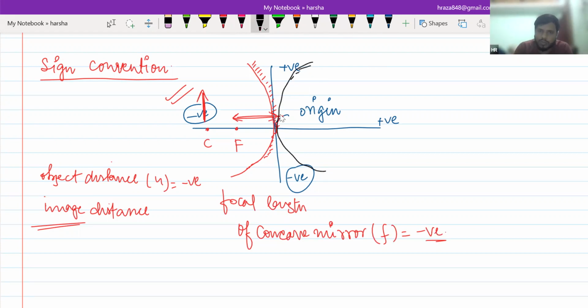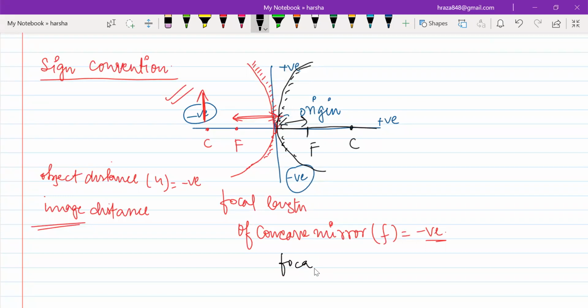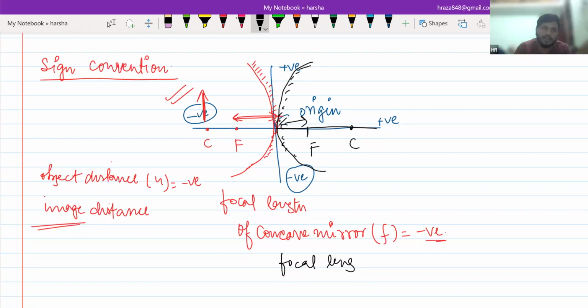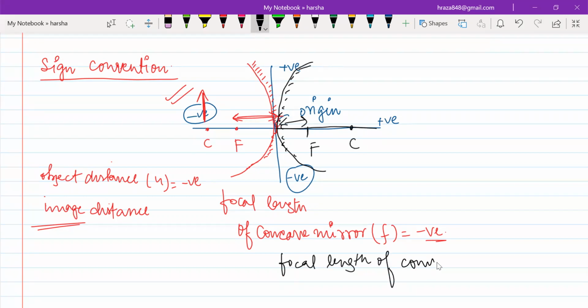So just suppose this is our convex mirror, and you know that in the case of a convex mirror, the focus is on the right hand side. Yes or no? So this distance is basically the focal length of the convex mirror, and it is positive. Yes or no? Yes, sir.